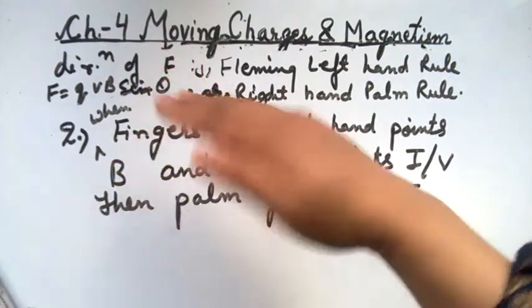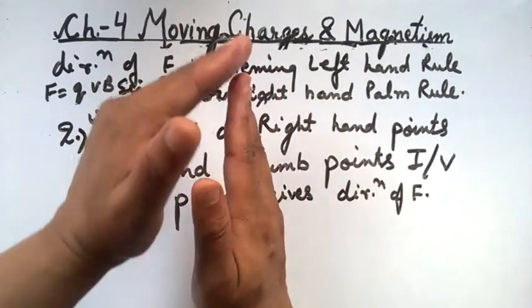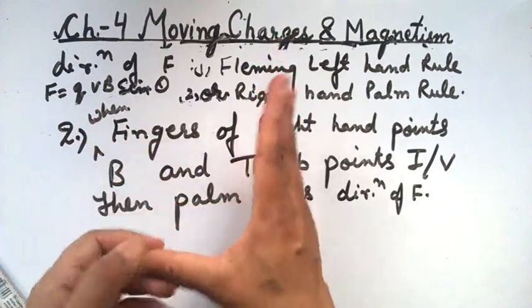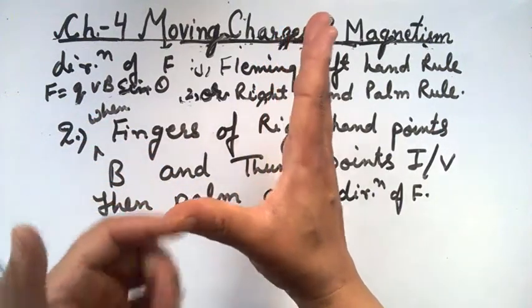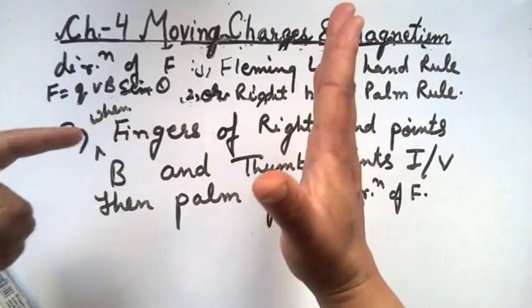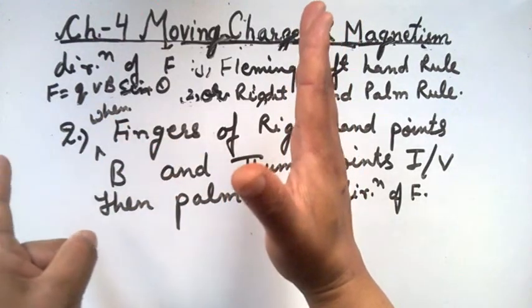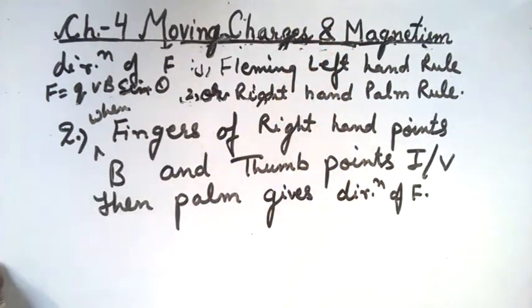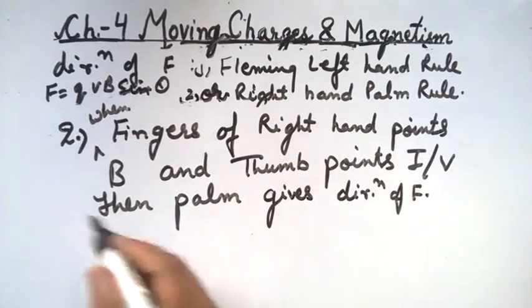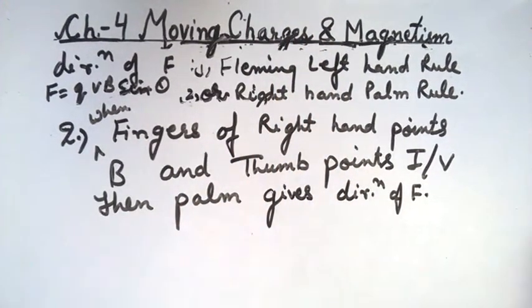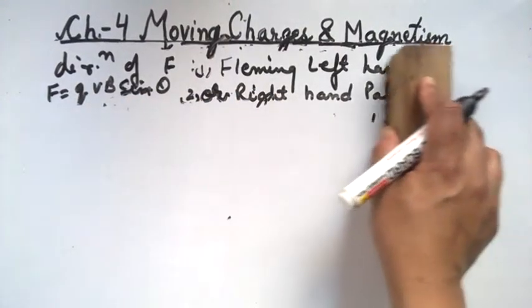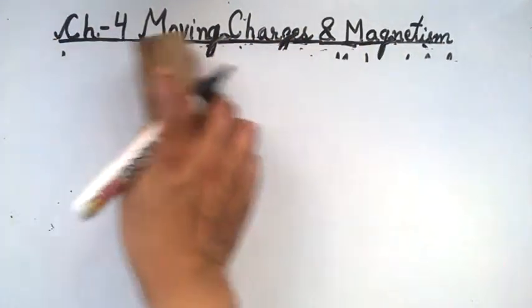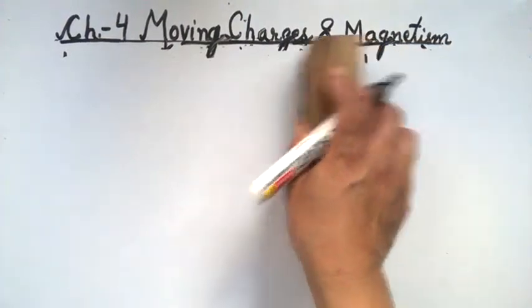If magnetic field is in this direction, velocity is perpendicular to it in this direction and force is in outward direction. That is, palm gives the direction of force. So these are the two ways by which we can calculate the direction of force.